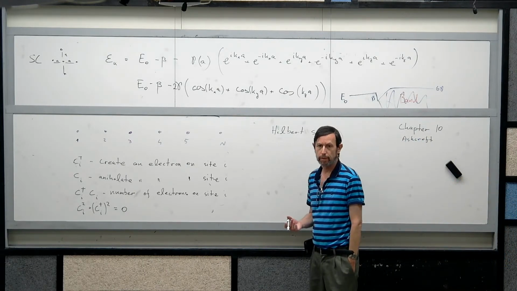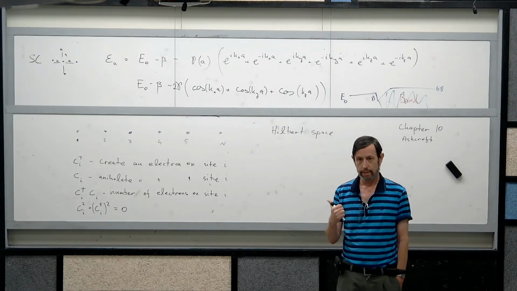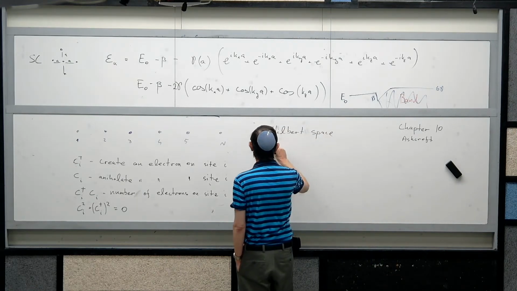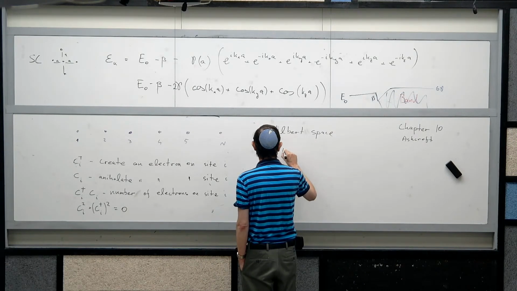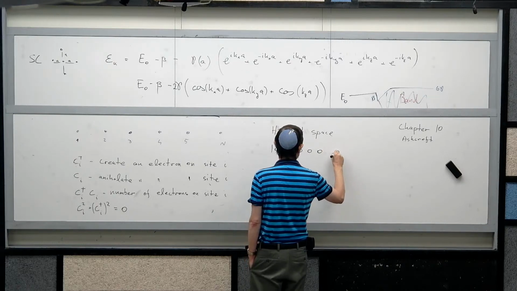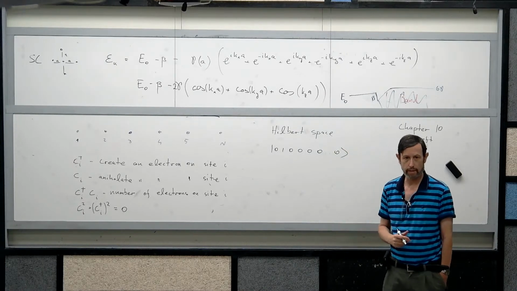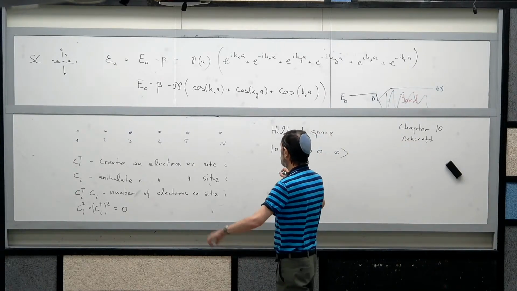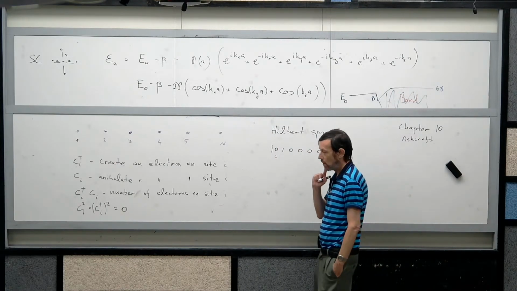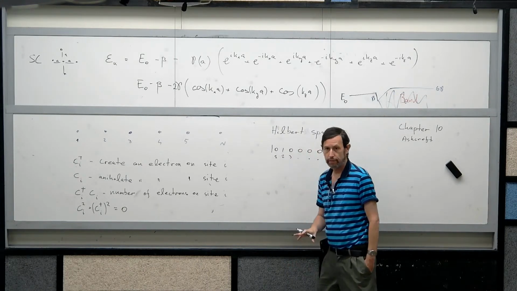Okay, what is a Hilbert space? We said we are still doing only single electron physics, and therefore this is a state on the lattice. Why is this a state on the lattice? Tells me on site 1 I have 0 electrons, on site 2 I have 1, on 3 till n I have no electrons.